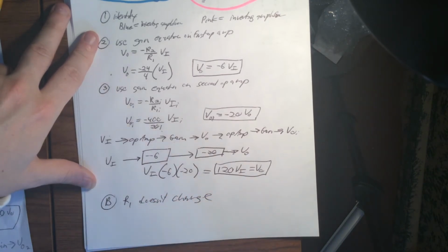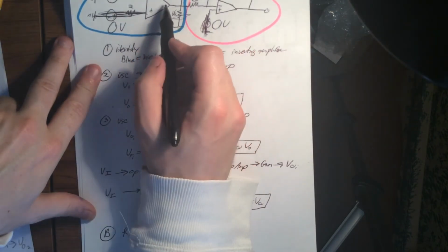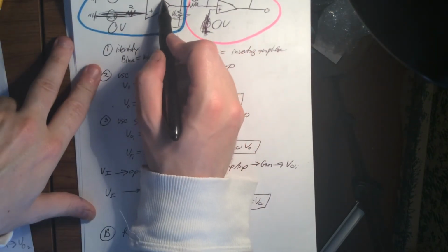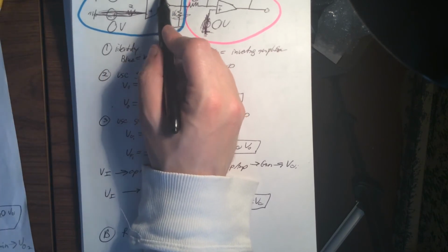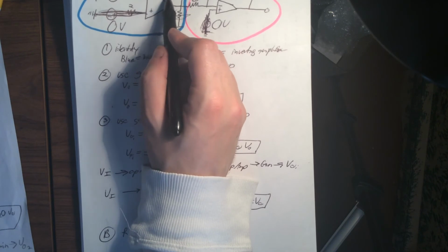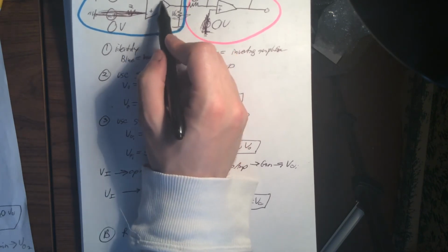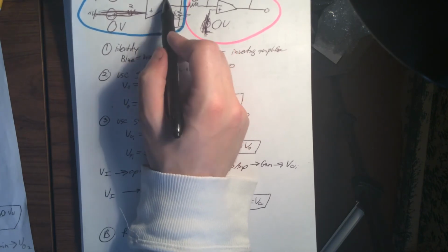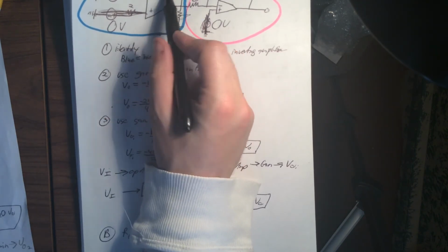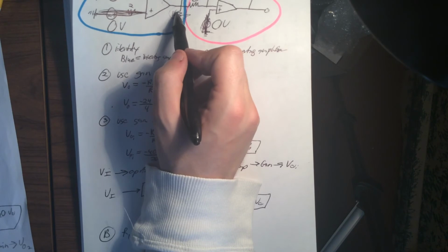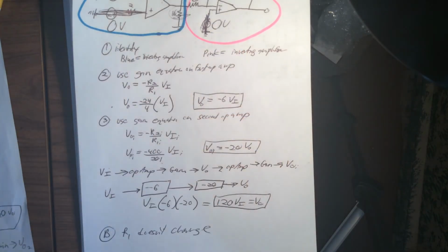Now, why? Because this R1 has to be greater than the small little resistance that comes up here into that internal op-amp circuitry. So we presume that this one is smaller than this, and because this is a lot greater than this, we can just ignore this one because that's the path of least resistance then. So if this gets incredibly tiny, then we start to have problems, but it's not.